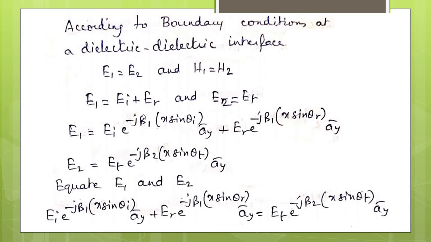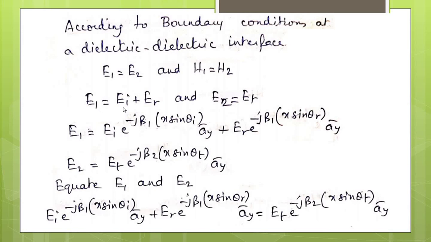Now this we had in the third unit, the boundary conditions at a dielectric interface. There we got these terms where at the dielectric interface E1 and E2 are the same, H1 and H2 are the same. E1 is the total field in medium 1 and E2 is the field in medium 2.